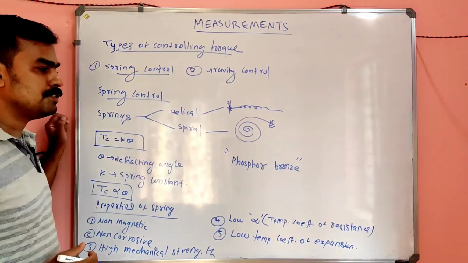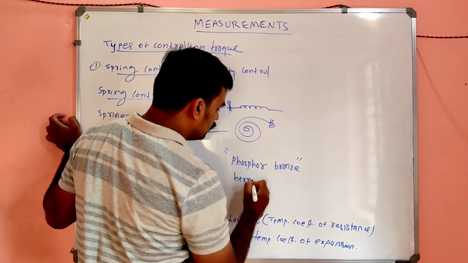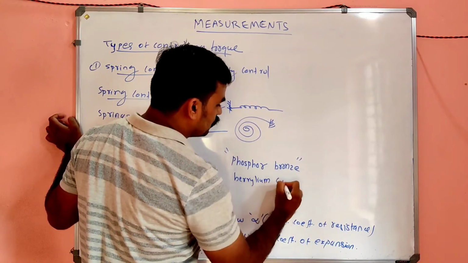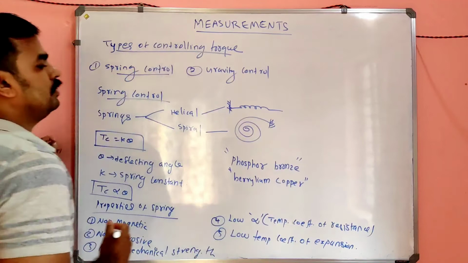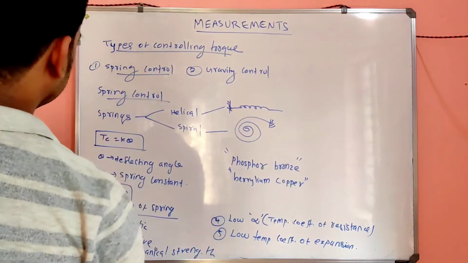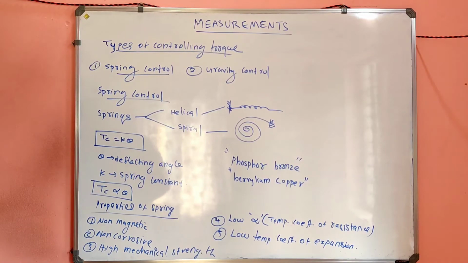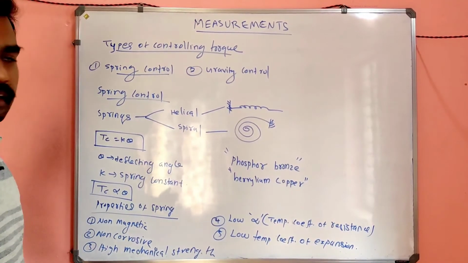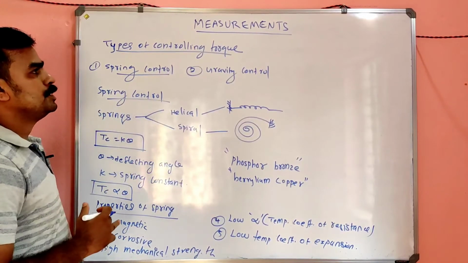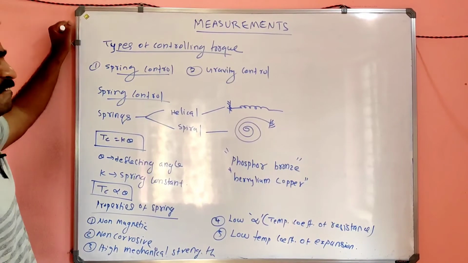There is another material also, beryllium copper, which is also very good for spring control. So those are the properties of a spring to be used for controlling torque. Is it clear, my dears?